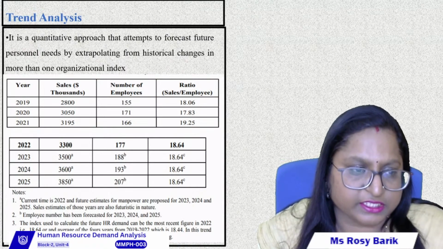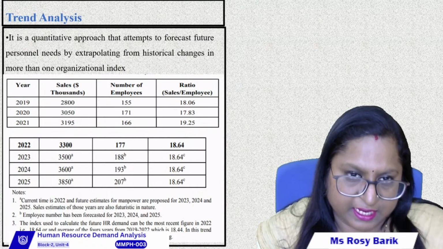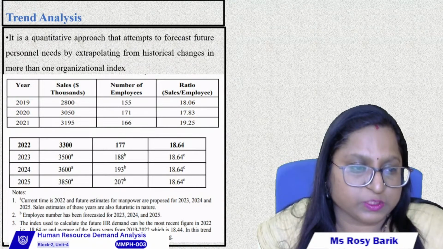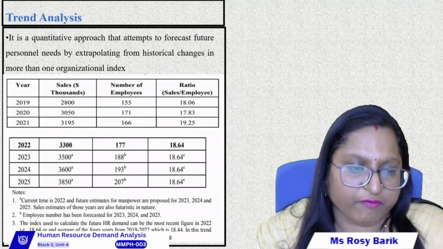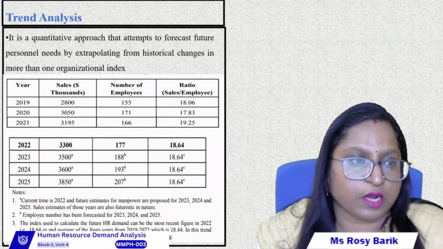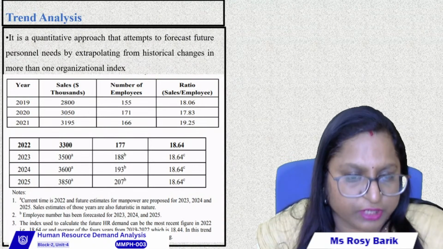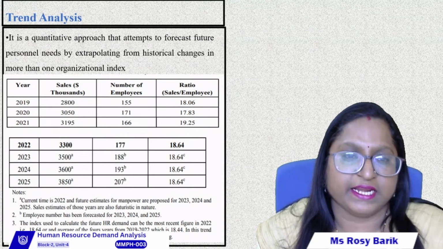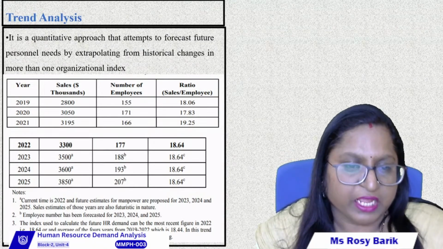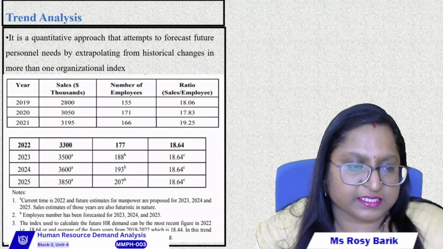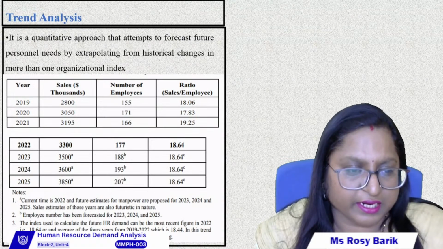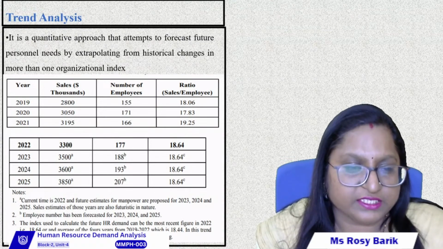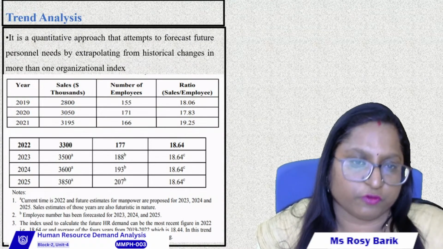That is the ratio of sales and employees, 18.64, and the average of 4 years from 2019 to 2022, which is 18.44. In this trend analysis, the most recent ratio, that is 18.64, was used for the forecasting.